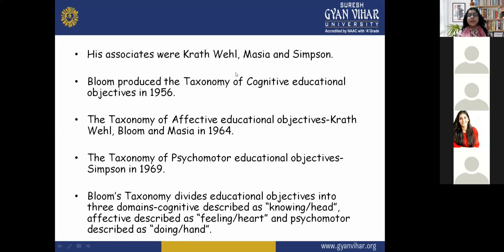Now, Bloom's taxonomy divides educational objectives into three domains: cognitive, described as knowing, head; affective, described as feeling, heart; and psychomotor, described as doing, hand. So, what I was telling you, it is something cognitive, and then heart, that is affective, what you are feeling. Something is there in the content in the chapter that students must feel about it.